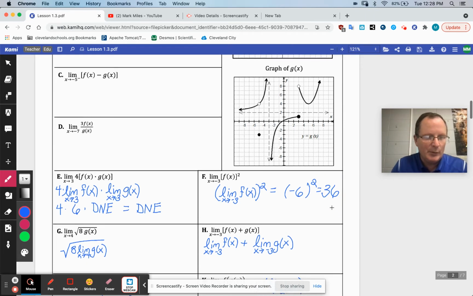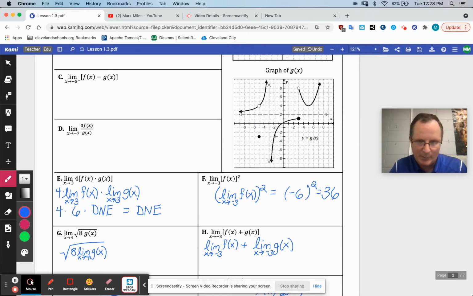All right, and then a square root on g of x. So I'm approaching 4, and approaching 4 appears to be 5 to me. Yeah, 5. So this is going to be the square root of 8 times 5, which is the square root of 40.